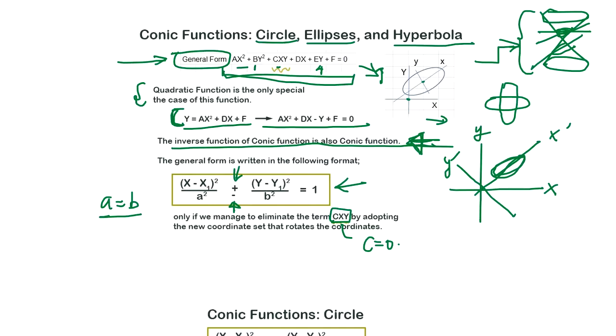Basically we do a coordinate transformation. This means we rotate the coordinate by a certain angle, then the ellipse becomes horizontal or vertical, and once it's horizontal or vertical, on the new coordinate x prime and y prime we get a simpler equation for the ellipse. A circle is a special case of an ellipse or hyperbola.